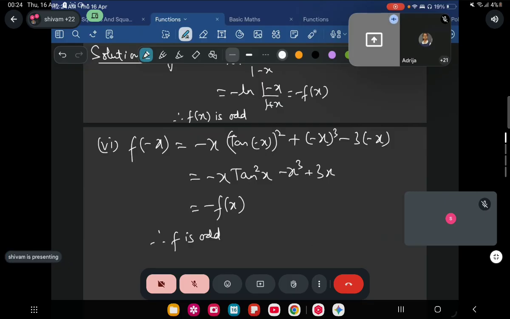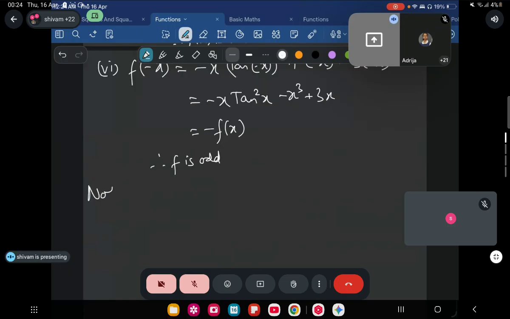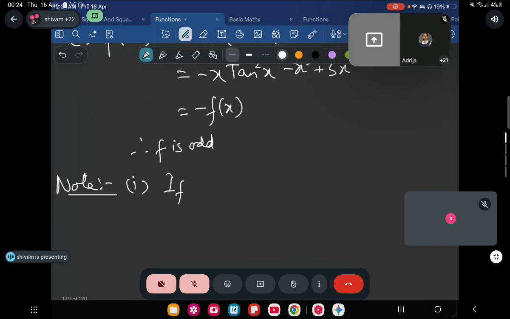Very simple. Next, note it down, everyone. Before this, part 7, raise your hand, okay, everyone? Part 7. f of x is equal to x squared plus x cube.